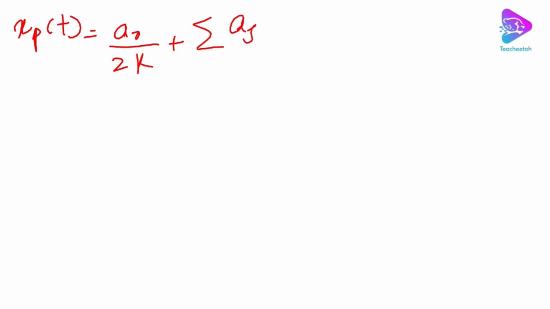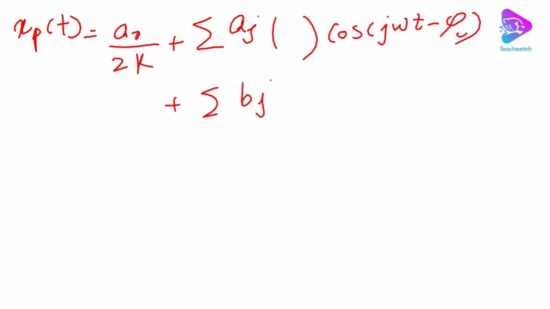So for xp(t), our steady state response, you remember that, right? I just don't want to write it. We had a naught divided by 2k plus a sigma of aj times a function, which I don't want to write, something times cos(j omega t minus phi j), plus sigma of bj and a function sine(j omega t minus phi j).